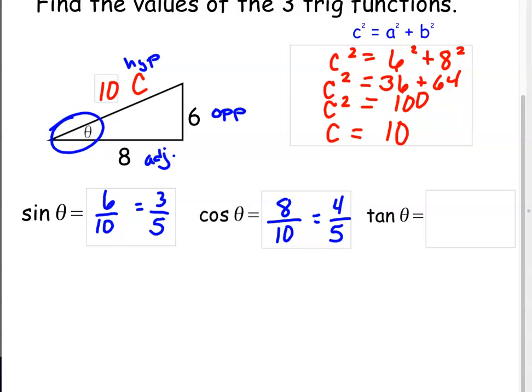Our tangent, we said, uses opposite divided by adjacent. So in this case, we would have 6 divided by 8, which reduces to 3/4. So once you know all three sides of a triangle, you can list all of your trig ratios.